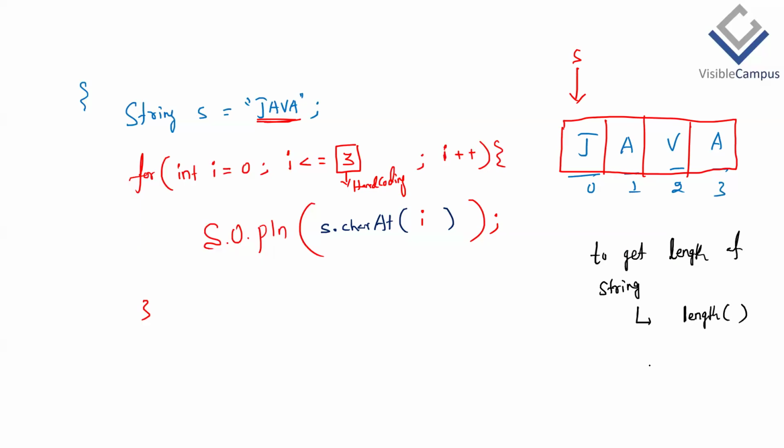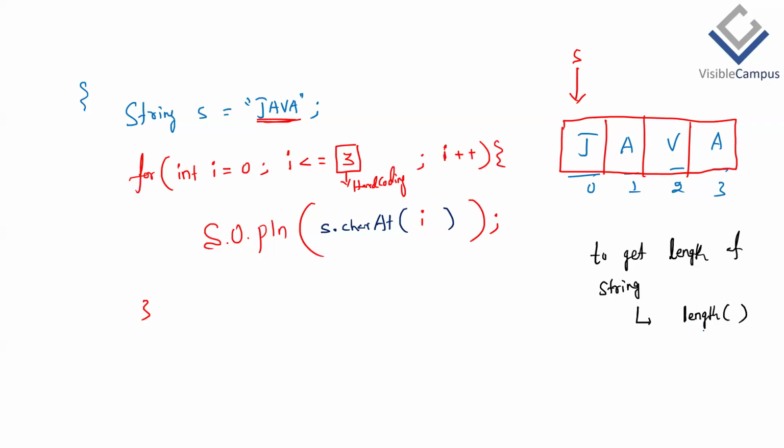For arrays, length is a property, so parenthesis will not be used. But for strings, length is a method, therefore we have to use parenthesis. There is a difference. With this small difference, most of the people will be out of the interview. So remember this point very clearly. On arrays, length without parenthesis. On strings, length with parenthesis.